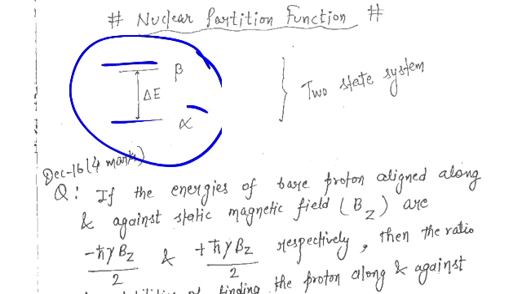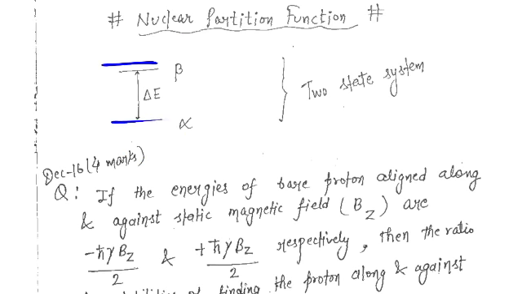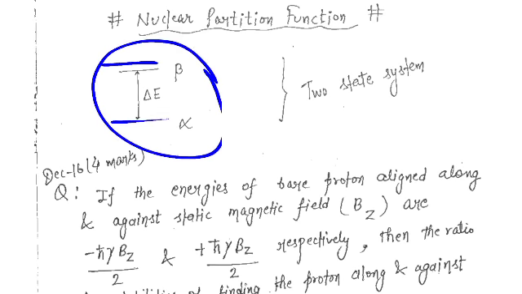We call the lower state alpha, and the upper state, which is the excited state with higher energy, we call the beta state. Alright, so this will be our system, and only this system we are going to deal with. So these two states are like here.